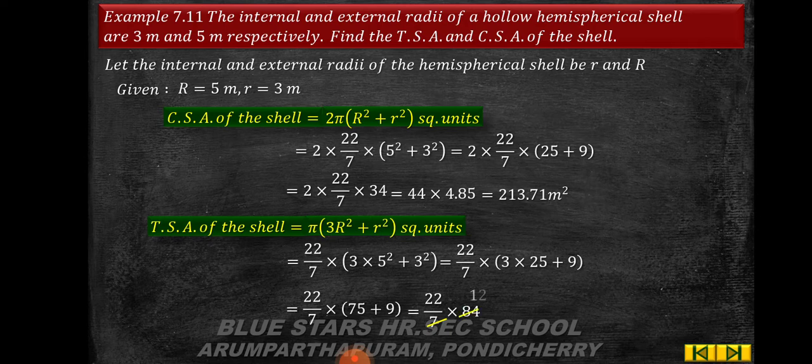So 7 and 84 get cancelled. It is 12 times. So 22 into 12 is 264. Therefore, the CSA of the shell is equal to 213.71 meter square and TSA of the shell is equal to 264 meter square.